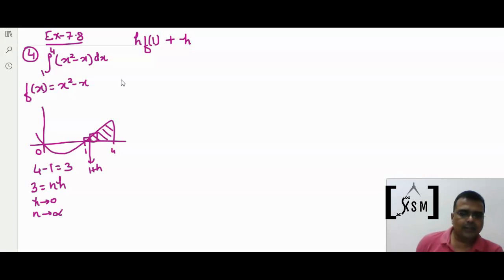So the height of that rectangle would be the y value for which x is 1 plus h. So it would basically be f(1 plus h). Similarly, we have the third rectangle, the fourth rectangle, and the last would be the nth rectangle, f(1 plus (n minus 1) times h).